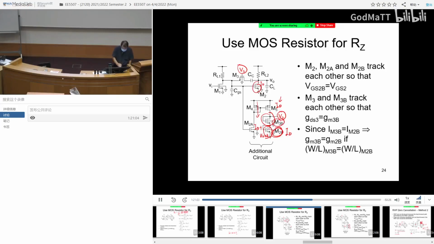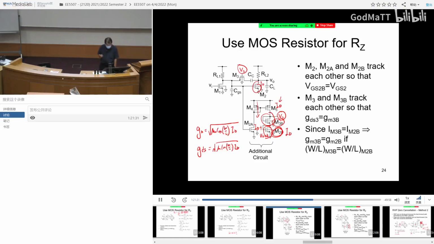If you recall, GM equals the square root of 2 μn COX W over L ID. Right? So for GDS, you can also do something similar, with μn COX W over L ID.